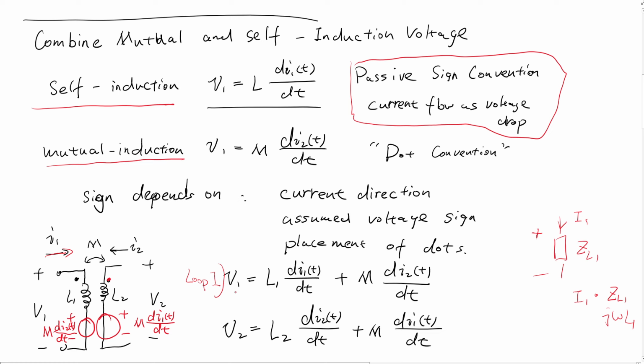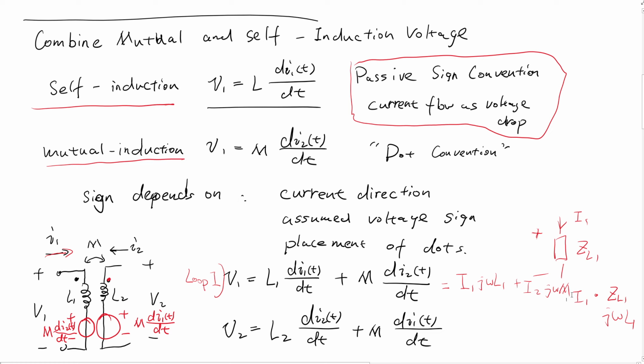V1 is a voltage rise and equals the voltage drop, which is L1 di/dt, the self-induced voltage, plus M di/dt. It also equals I1 j omega L1 plus I2 j omega M. If you do the Laplace transform of these two, you can get exactly the same result here.